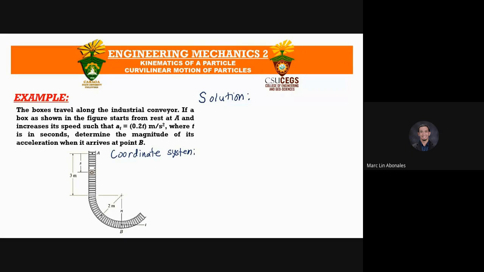Here, the initial location or initial position has been established, and also the final position, and also the normal and tangential axis, or the N and T axis. We can use this figure for the analysis of the problem.